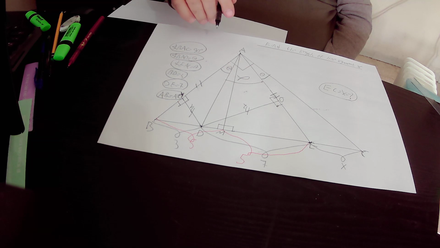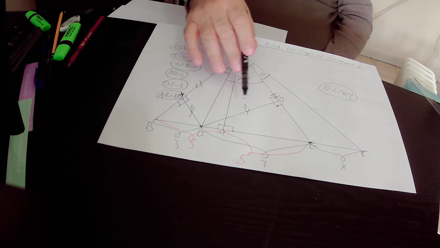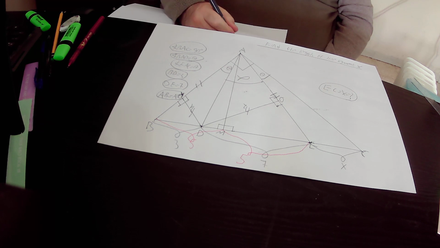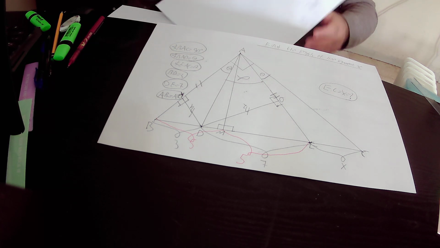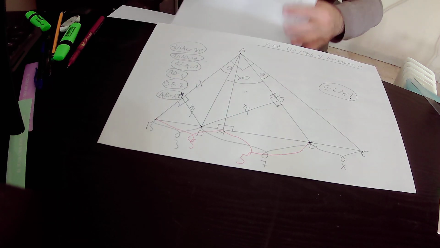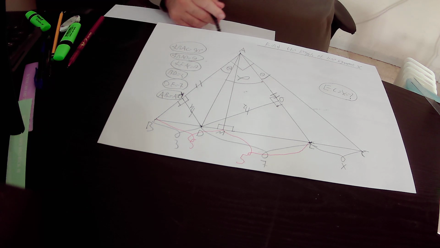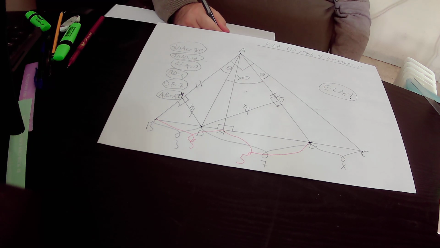And we just now proved that BM equals ME equals 5 units. And we have also a common side here, AM equals itself. AM equals AM is a common side that belongs to both triangles.